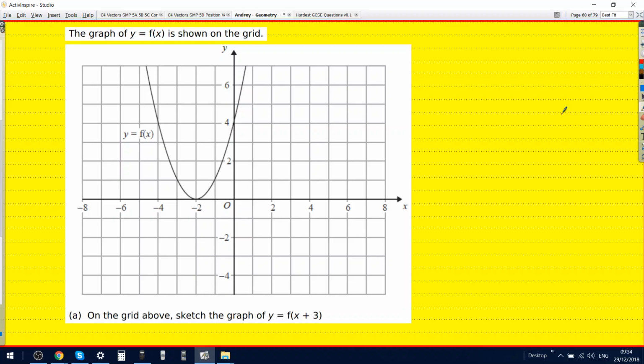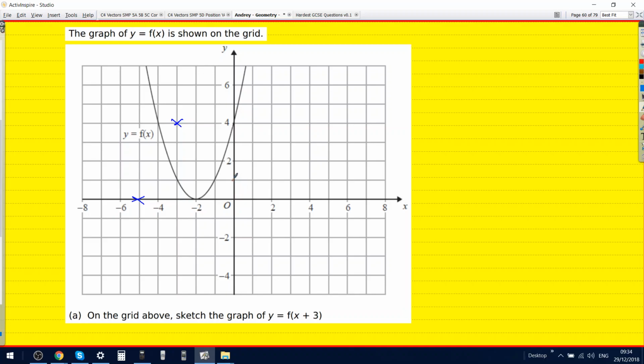So any obvious new coordinates there, something you can get right away? -2, 0 would be -5, 0. Yeah. And then 0, 4 would be -3, 4. Yeah. And let's say one more. Any obvious?